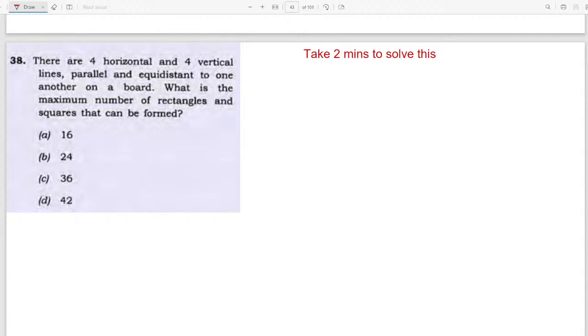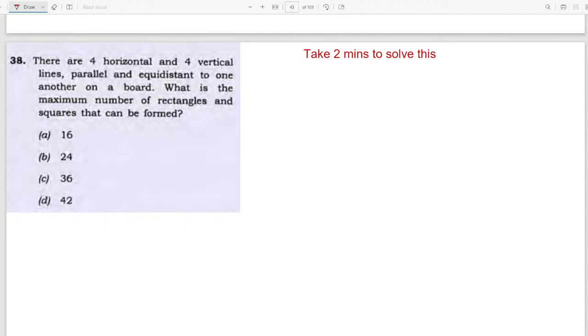There is one person who has got option C. Others who are solving it, please post your answers. So one has got option C and one has got option B. Others who are yet to solve or yet to post, please post, so that I can understand how many people have got this answer and how many are still struggling to solve this.